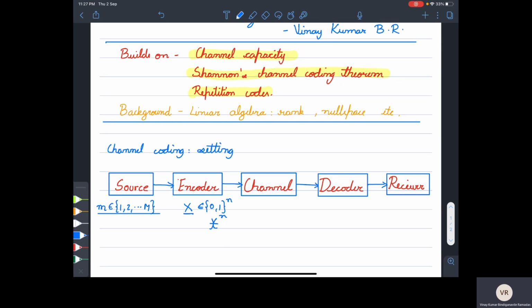Then it passes through a channel. This channel is a discrete memoryless channel. You've already seen what this means. Let's denote this by W. What you get at the output is another vector y in some space Y^n, which passes through the decoder.